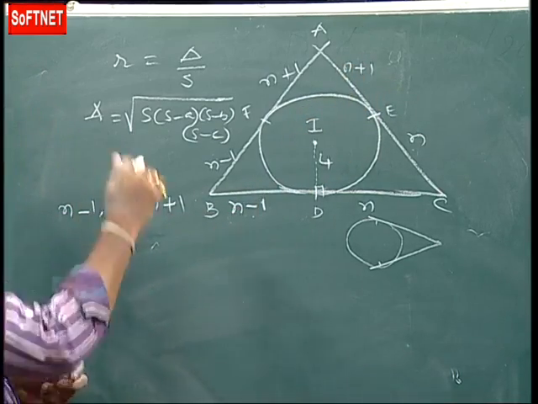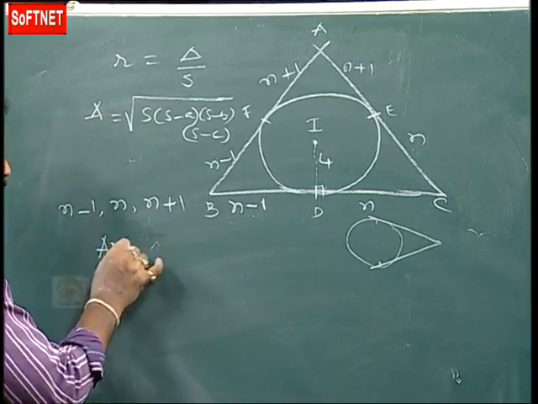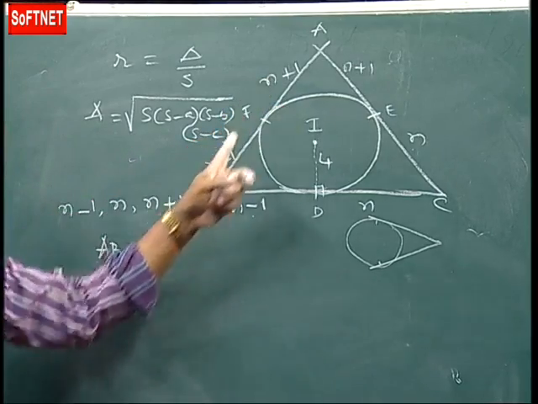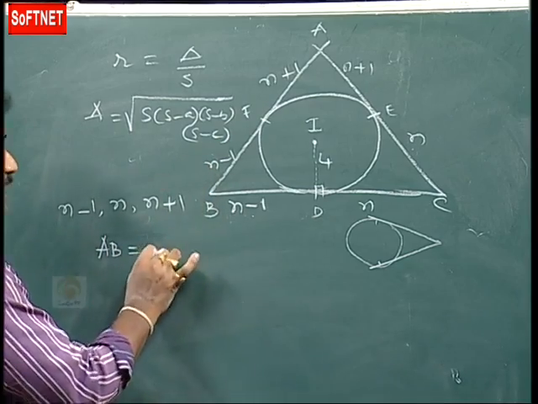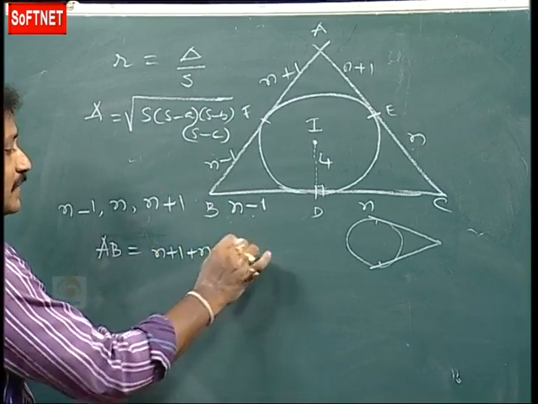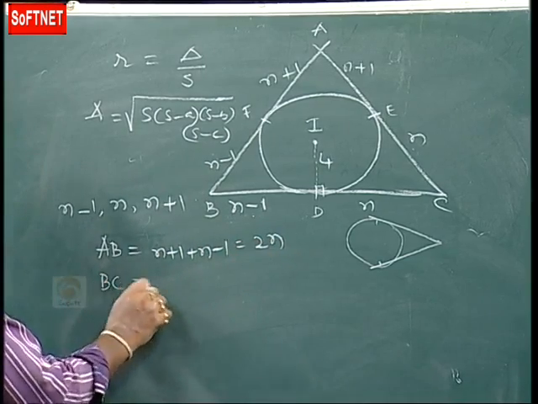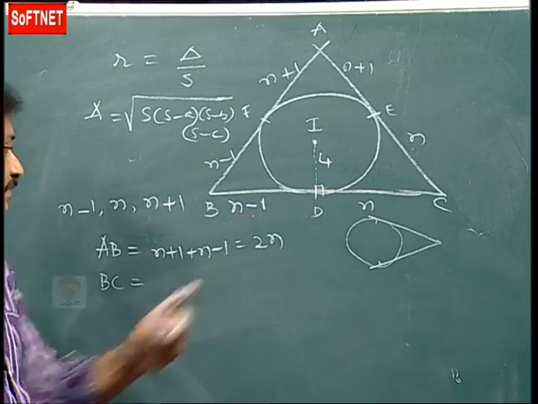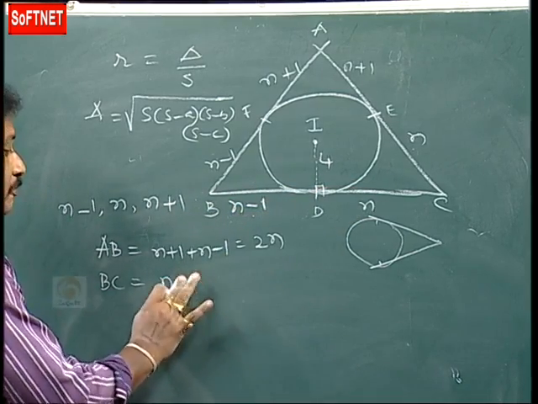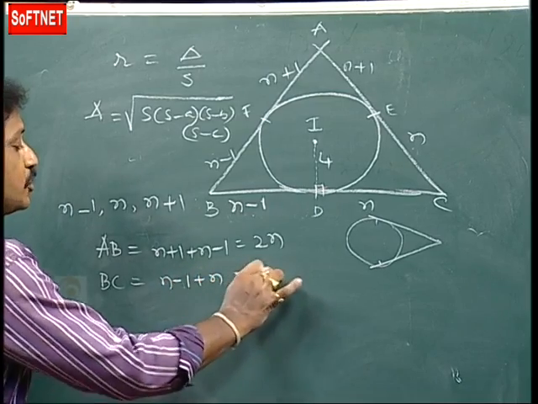Now you can say the length of side AB is n plus 1 plus n minus 1, which is 2n. The length of BC is n minus 1 plus n, which is 2n minus 1.